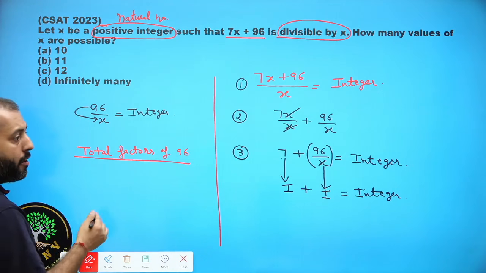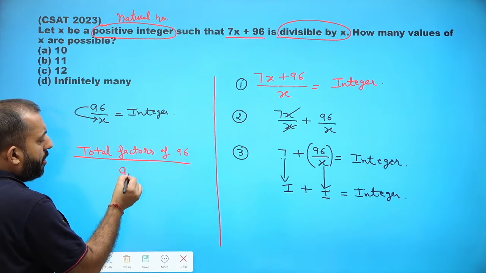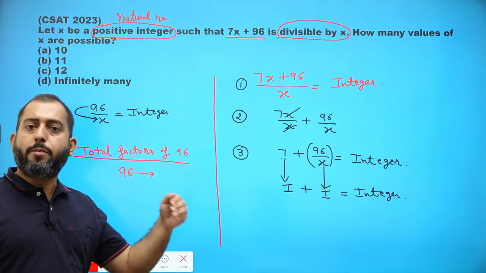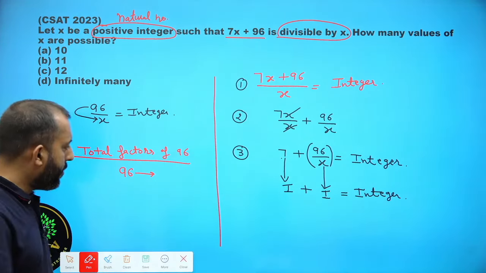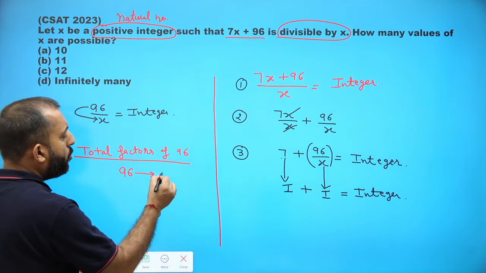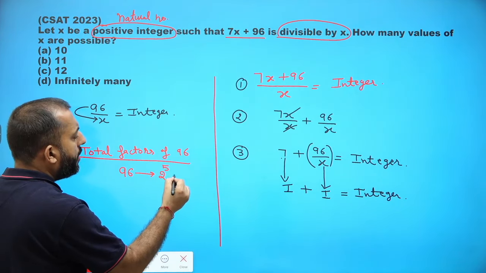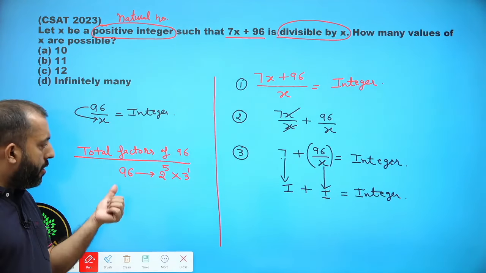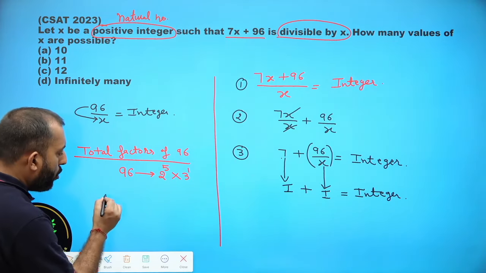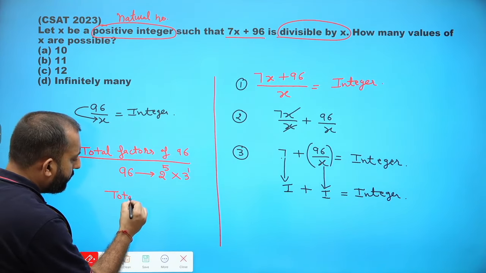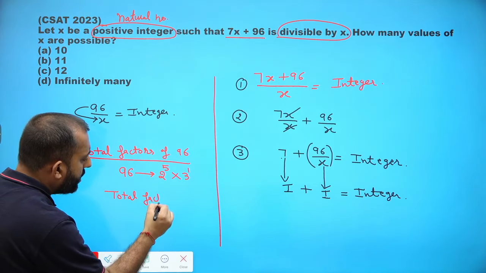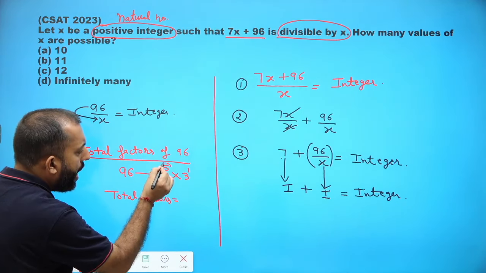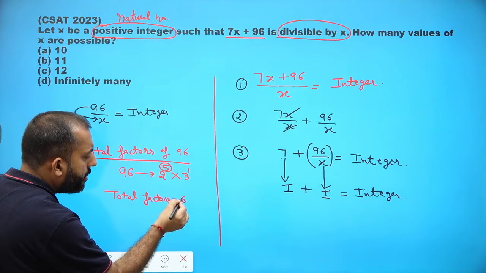For this, you know how to represent 96 in its prime factorization form. 96 is equal to 2 power 5 into 3 power 1. Now, total factors of 96 will be, power of 2 is 5, so add 1 to 5, which becomes 6.